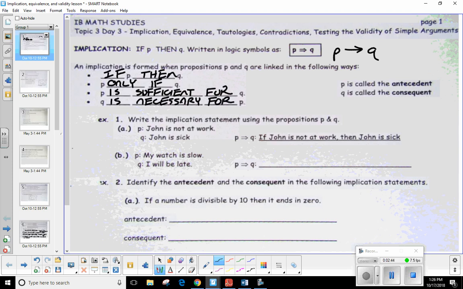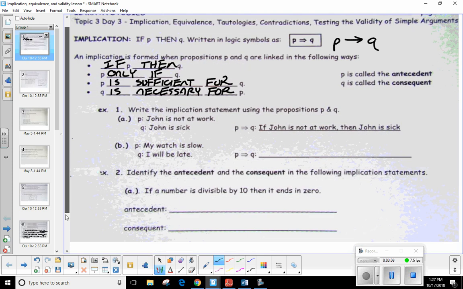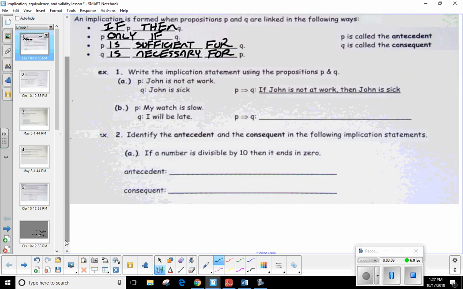Let's take a look at an example. Write the implication statement using the propositions P and Q. My antecedent, John is not at work. And then the consequent, John is sick. So the implication would be that if John is not at work, then John is sick. Let's try this next one, B. The antecedent is my watch is slow, and the consequent is I will be late.